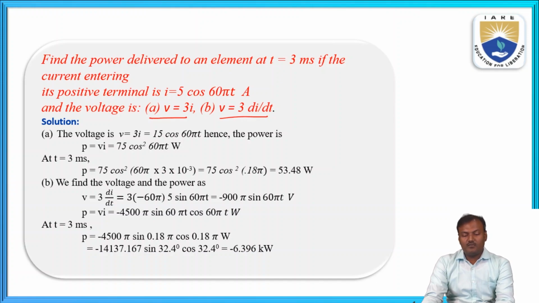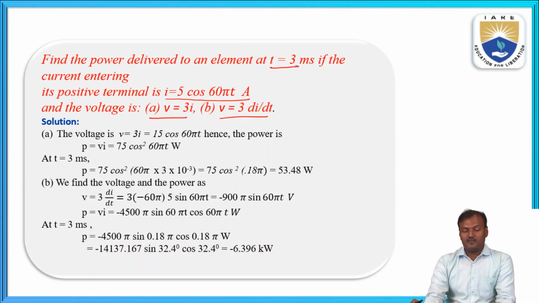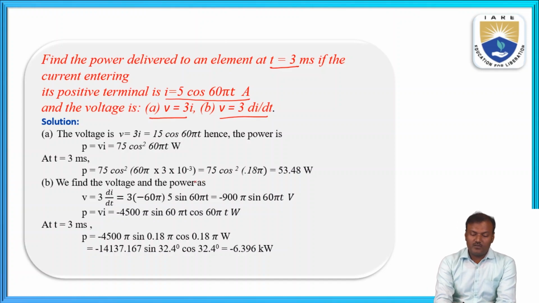For the first, v is 3i, substituting the value of i, that is 5 times cos of 60 pi t. So the power is P equal to v into i, that is 75 cos squared of 60 pi t watts. And since we need to calculate the power delivered at time t equal to 3 milliseconds, power is equal to 75 cos squared of 60 pi into 3 milliseconds.